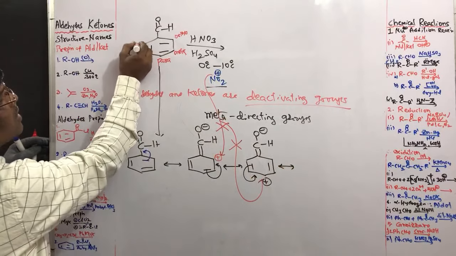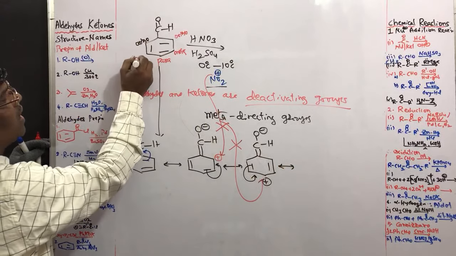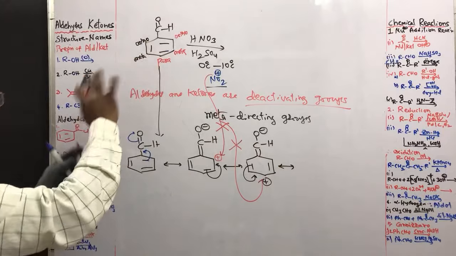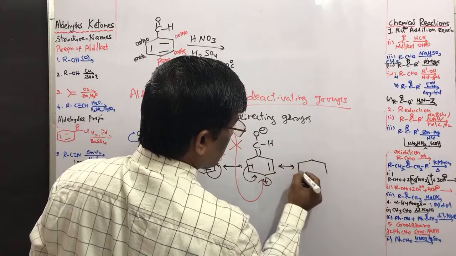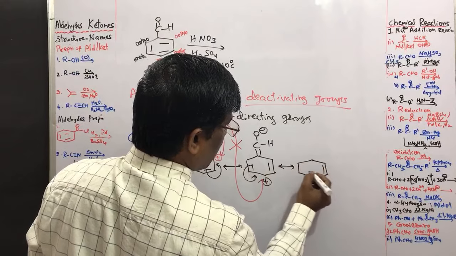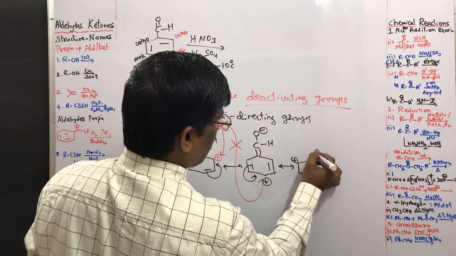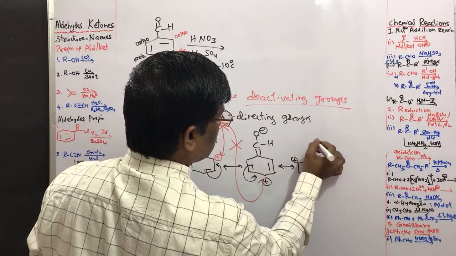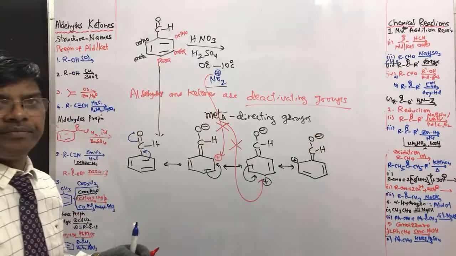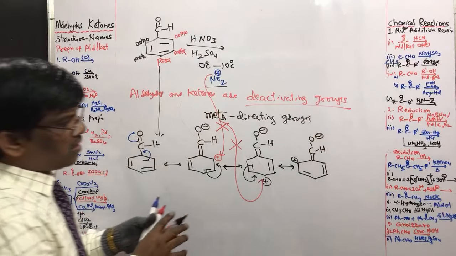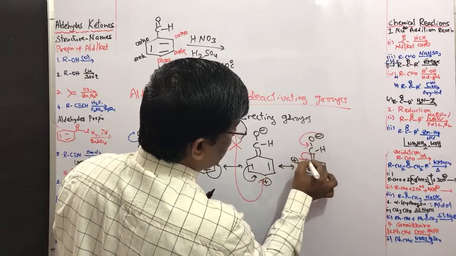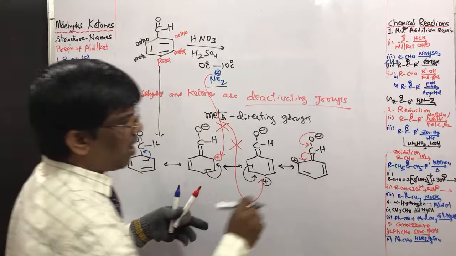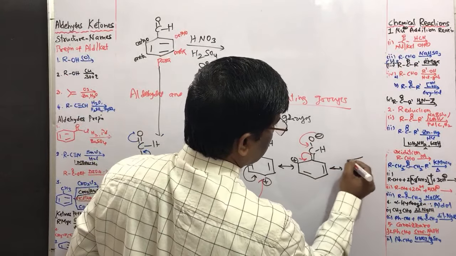The same on this side also, ortho you can write, and meta. Both sides are the same, symmetric. It is going to form this carbocation, O minus. Yes, students. This goes back to its original form, benzaldehyde.